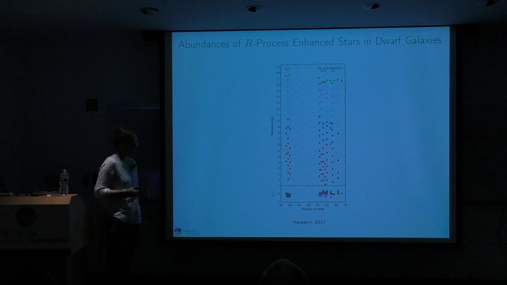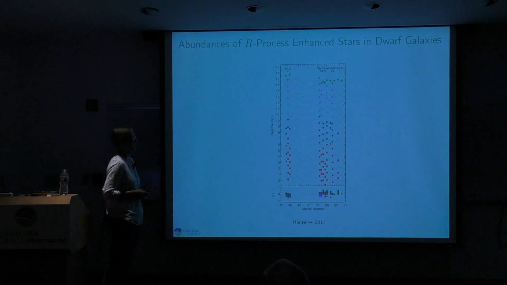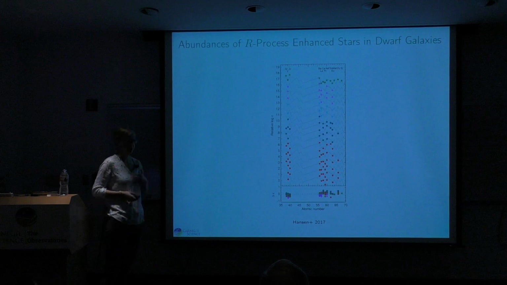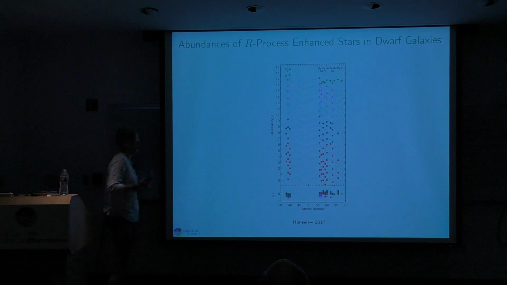So clearly, we have an R-process that produces this very consistent abundance pattern in the heavy element region, irrespective of what environment it's in.